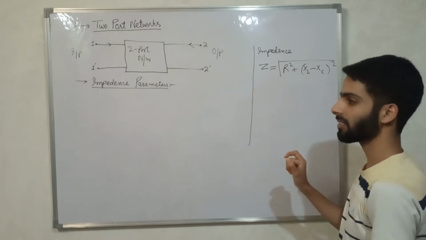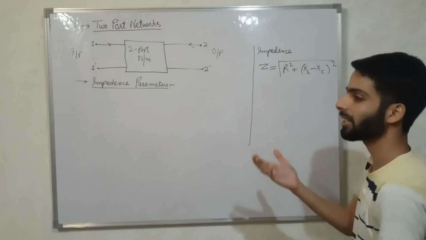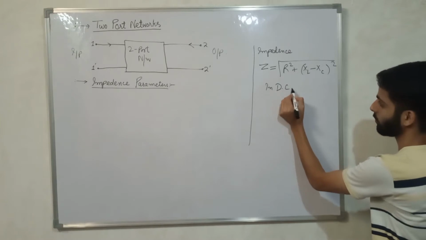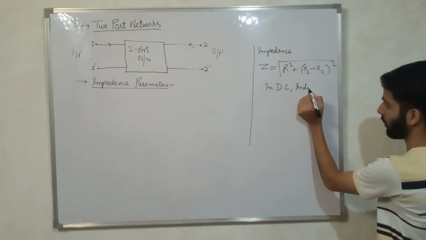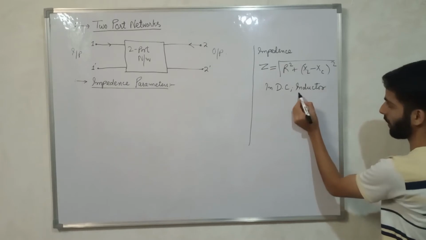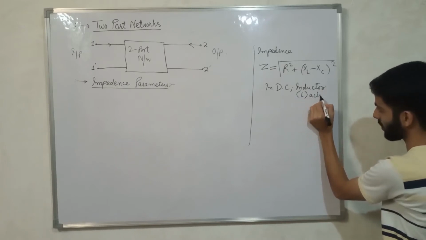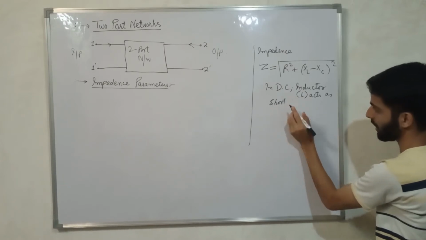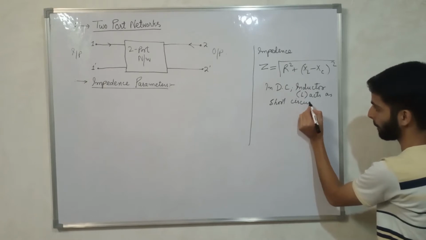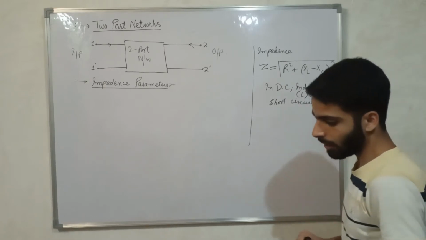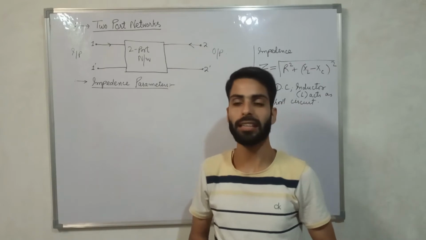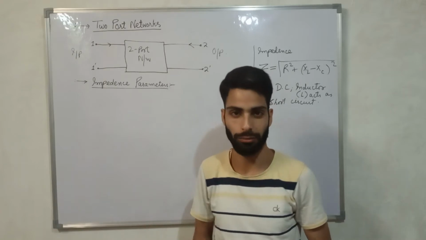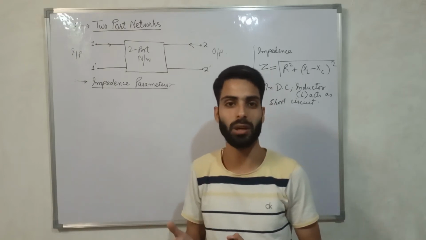In DC, we are studying DC networks, basically DC basics. In direct current, the inductor L acts as a short circuit. We all know that alternating current is frequency dependent, as it has a rhythm, uprisings and downfalls in the current and the voltage, and there are phase angles also. But in the case of DC, there is no such thing.